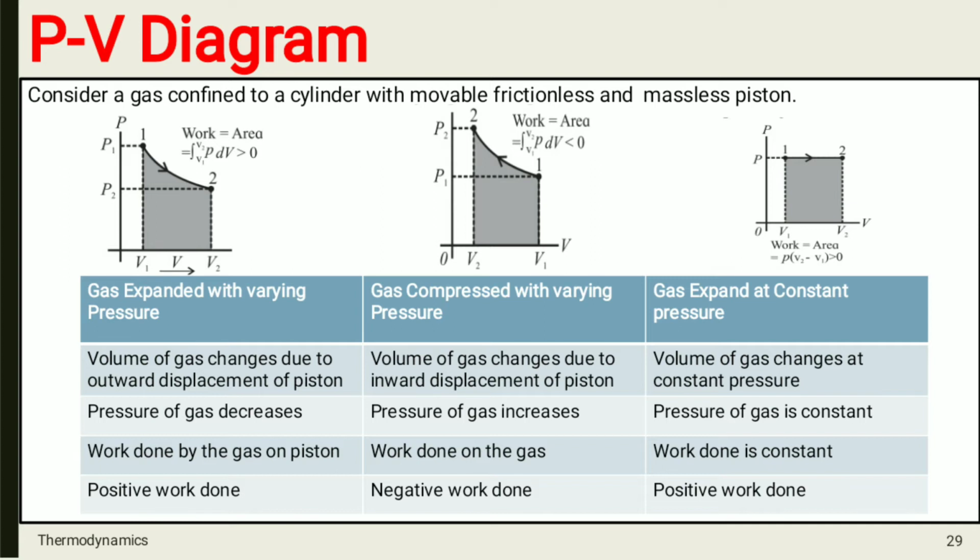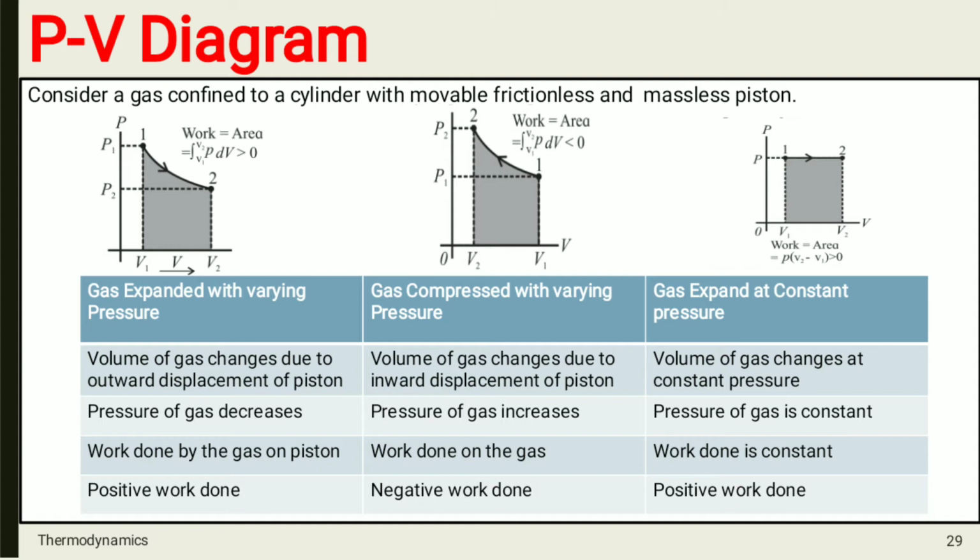You can calculate work done by the formula, work done is equal to integration from V1 to V2 of P dV, which is negative. Here work is done on the gas, so work done will have a negative sign, or you can find work done another way, that is the area under the curve.